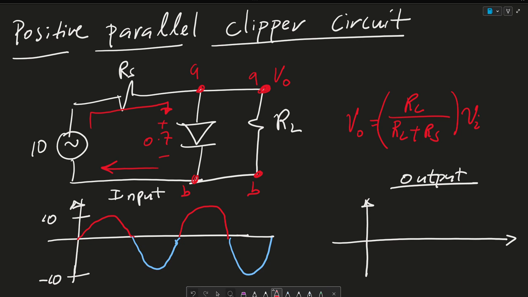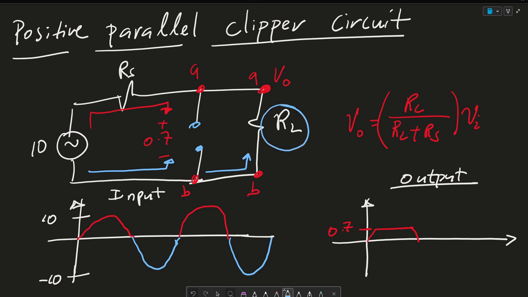So for a positive part of our waveform, we see that at 0.7, it gets clipped. Then for the negative part of our waveform, when we push it in this direction, it looks into here, and this is in reverse bias. So this is open circuit, and current's not going to want to flow through this high resistance.